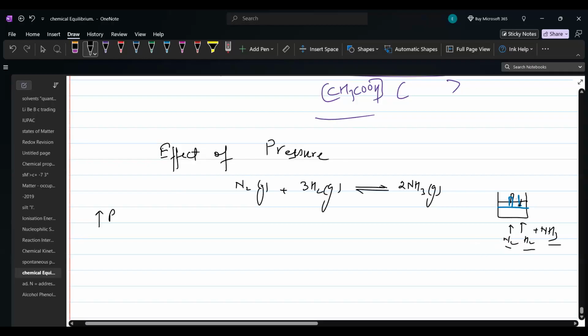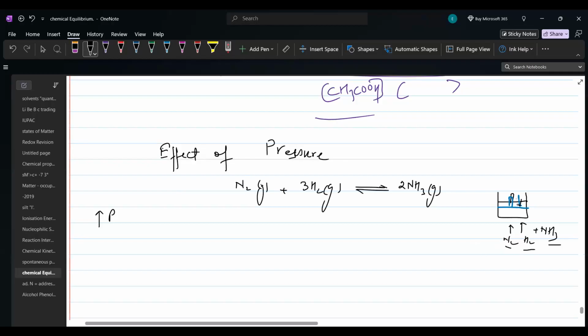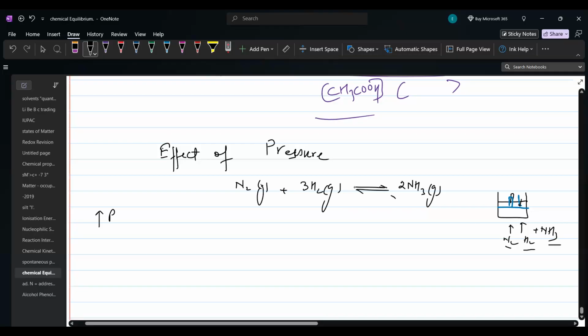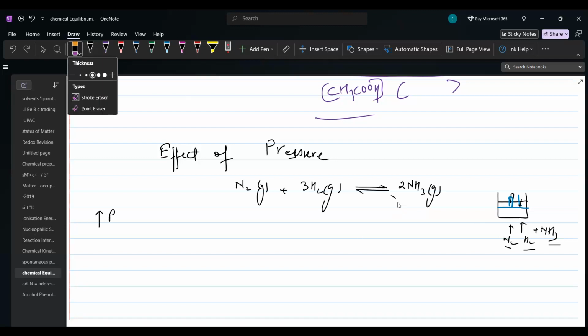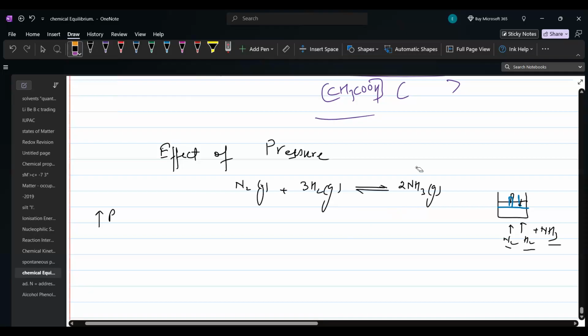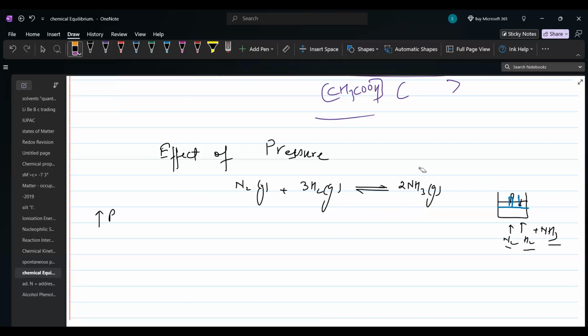In this case, will the reaction go in the forward direction or in the backward direction? Ali, Alina, Abir, please either turn on your mic and give the answer, or you can message in the chat. Please respond.